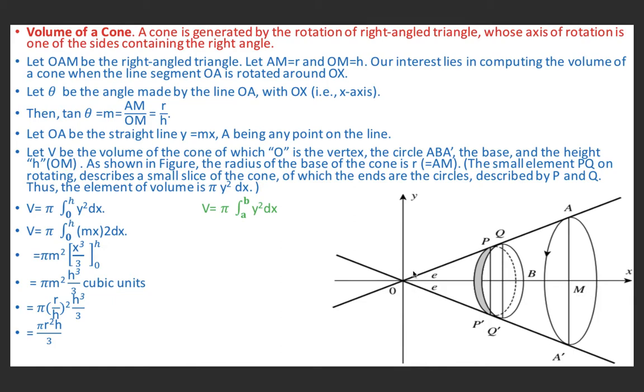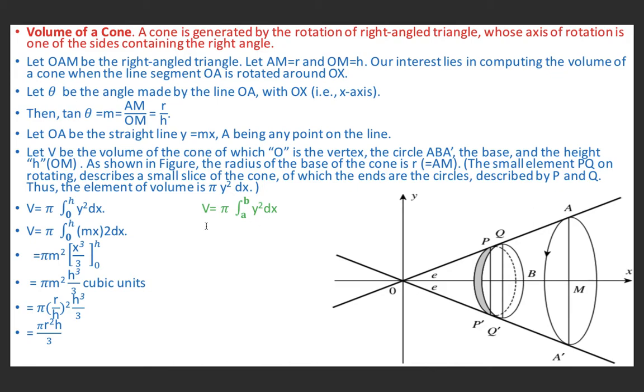So this point is (0, 0), this point is (h, 0). So x varies from 0 to h. Because y equal to mx, y square is equal to mx whole square. Again m is constant, we can take it outside, so pi m square. And the integration of x square is x cube upon 3, limits are from 0 to h.